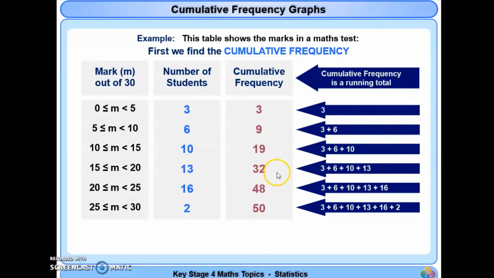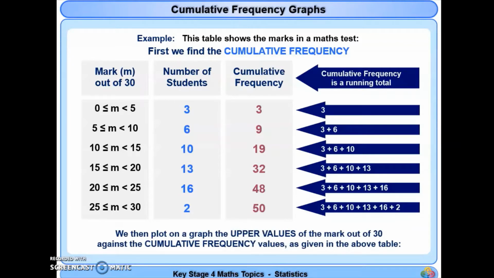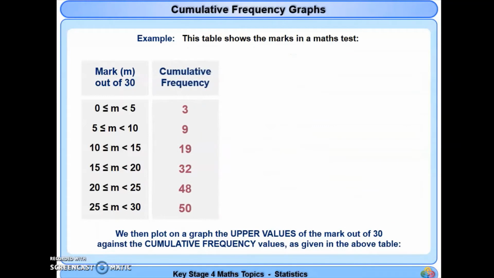Okay, so once we've worked out the cumulative frequency, we now need to go ahead and plot it on a cumulative frequency graph, which would be a visual representation of the data, and then we can use that to interpret the data for different needs. Okay.